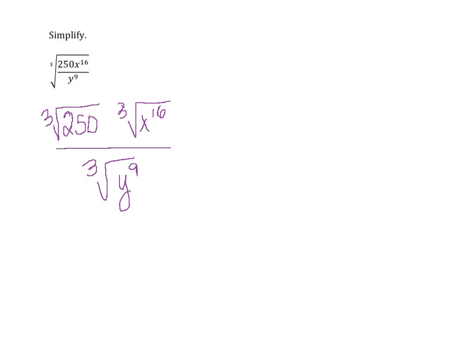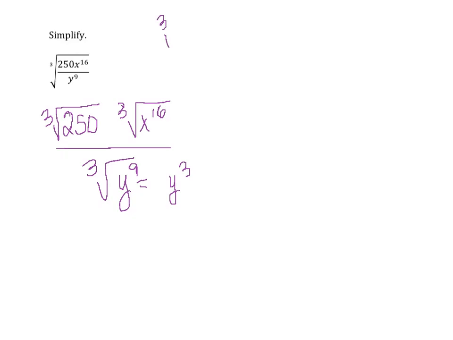Now that I've broken these apart, it's easier for me to see that the denominator, the cube root of y to the 9th, is going to be y to the 3rd power. But I still need to do some more breaking up in terms of the cube root of 250 and the cube root of x to the 16th.